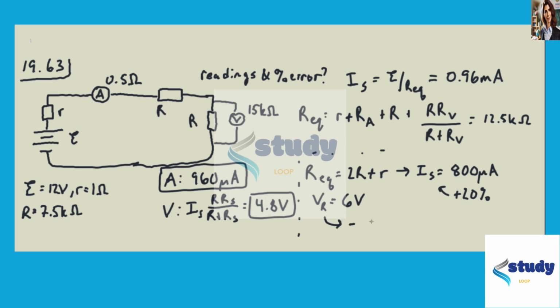And then that results in more voltage drops before you get here. And so your voltage reading is low by 20% with the voltmeter and ammeter in place.